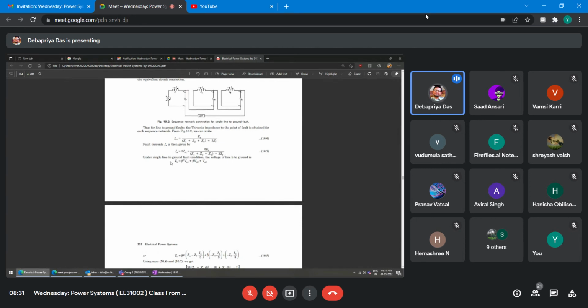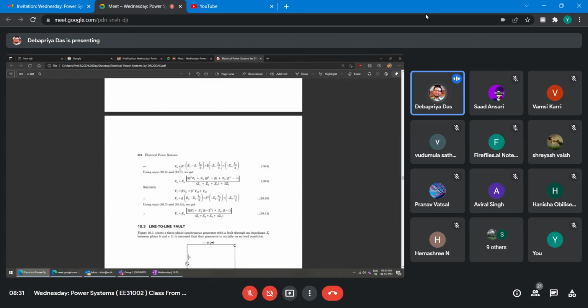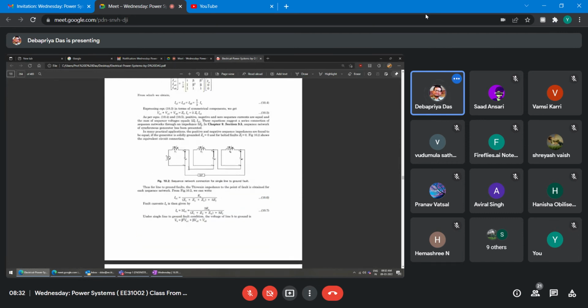Similarly, under single line to ground fault, the voltage of line B to ground is this relationship we know: VB is equal to beta square VA1 plus beta VA2 plus VA0, right? Now VA1 you will get as EA minus Z1 IA1.